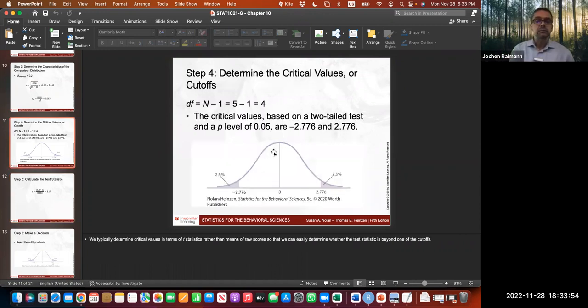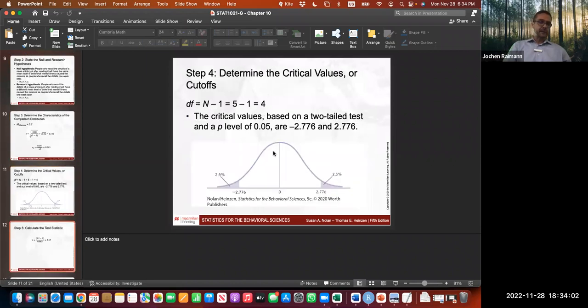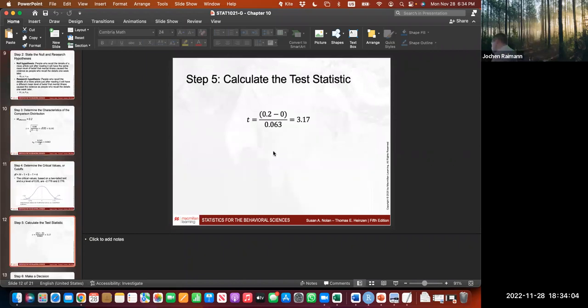What was the example? Yeah, the news article, but it was associated with mental health violence. So we're calculating our T. We're getting our actual difference observed minus what we assume under the null hypothesis divided by the standard error of the mean. That gets us to the T.